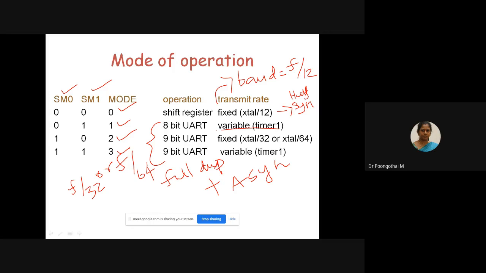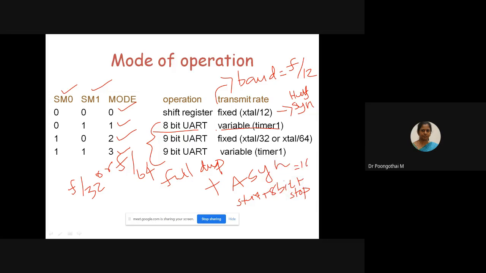In the 8-bit mode, it is start plus 8-bit data plus stop, so it follows the 10T format, 8 plus 1 plus 1.